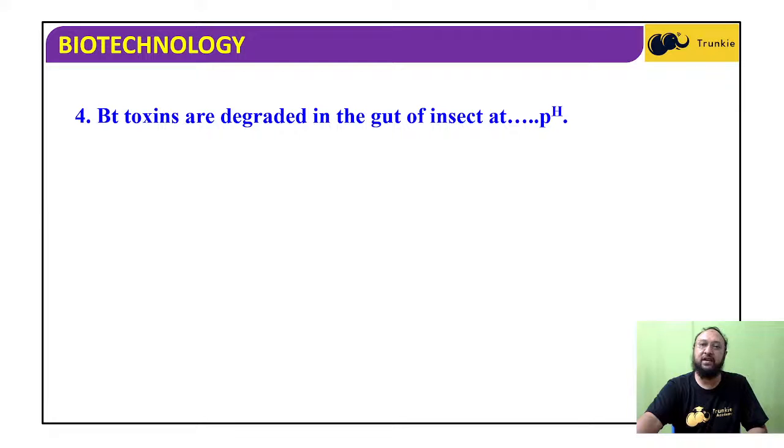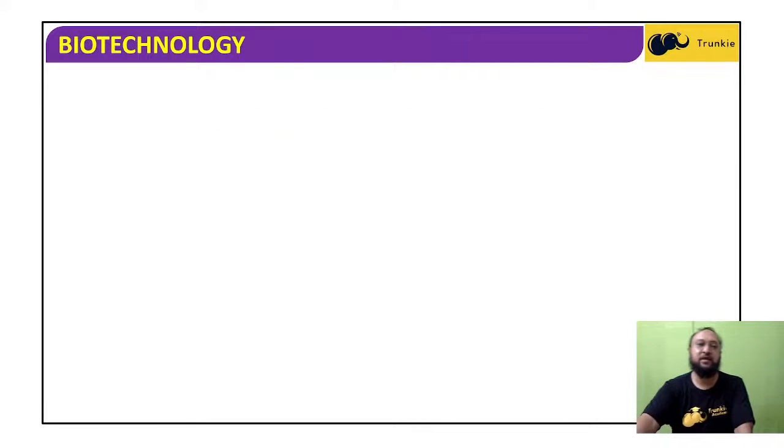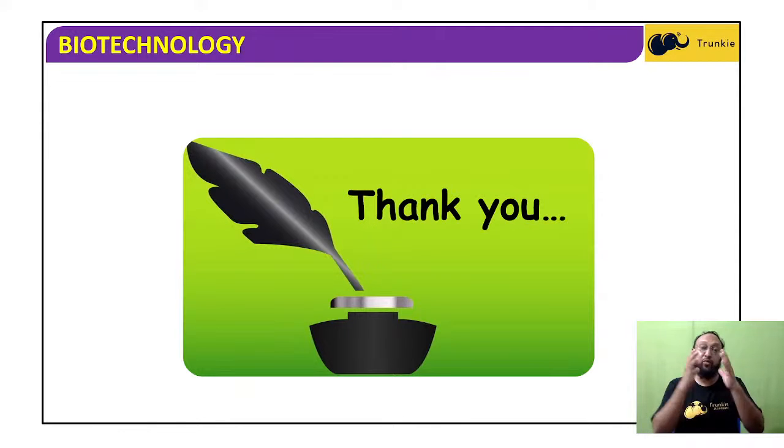Bt toxins are degraded in the gut of the insect at alkaline pH. It is not acidic and not neutral, it is alkaline pH, because the crystals are dissolved and then it becomes active, from protoxin to active toxin.